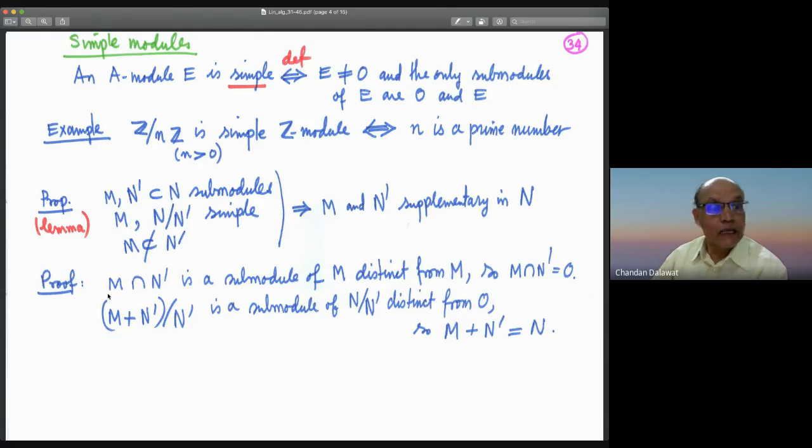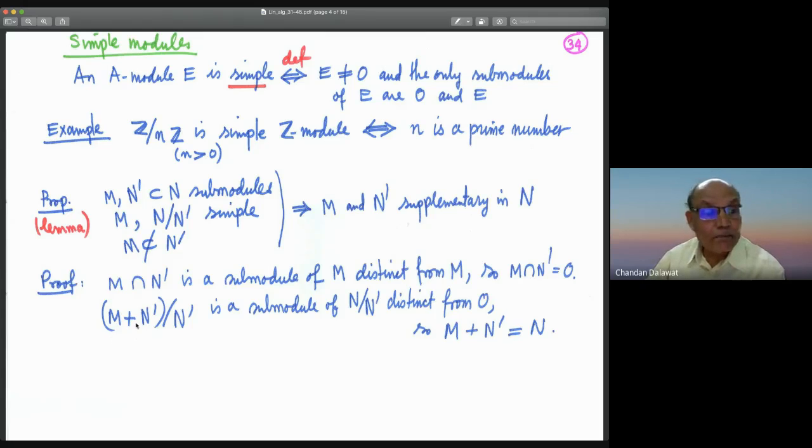So M intersection N prime is certainly a submodule of M, and it is distinct from M. Why is it distinct from M? Because M is not contained in N prime. And therefore, this has to be 0, because M is a simple module, so the only submodules are M itself and 0.